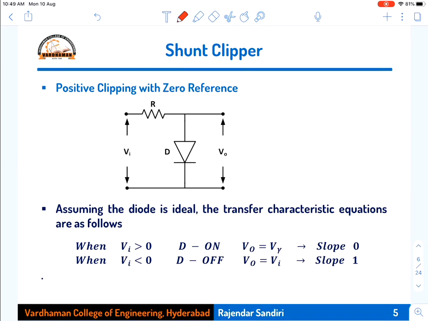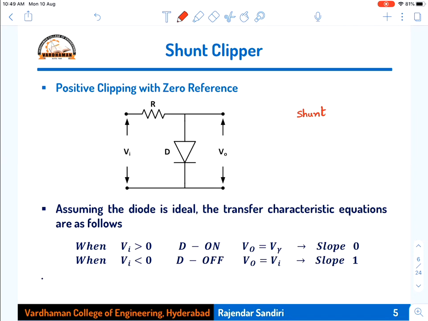Now I'll write that here: shunt. It is a shunt clipper. Is there any battery in the circuit? There is no battery in the circuit. The diode is directly connected between the input and output in parallel, and that diode branch does not have any battery. That means its reference voltage is zero.